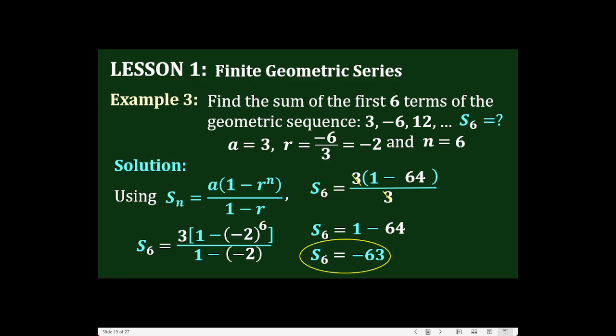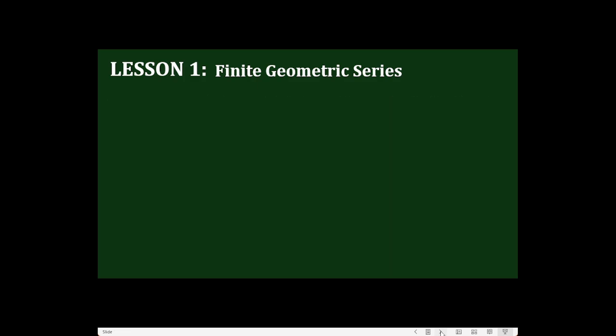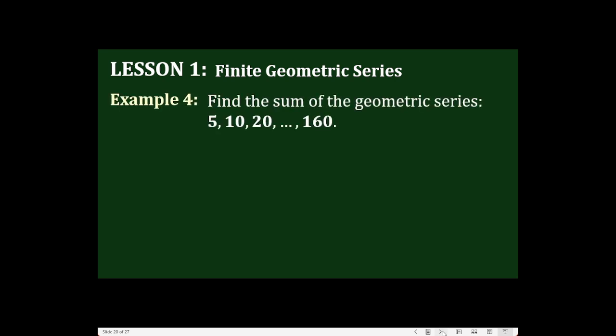Okay. Next, how about number 4? Find the sum of the geometric series from the sequence 5, 10, 20, and so on up to 160. Now, we have a slight problem here.